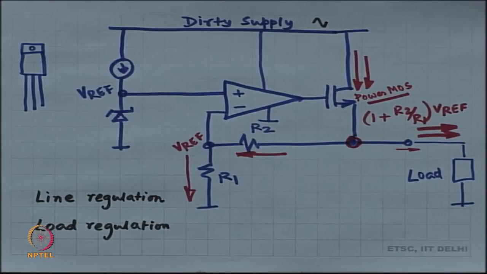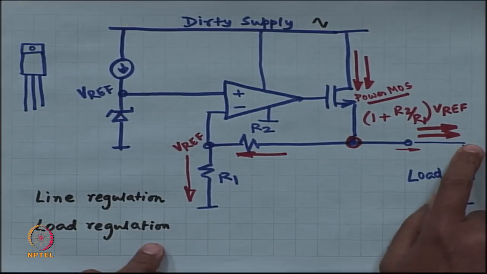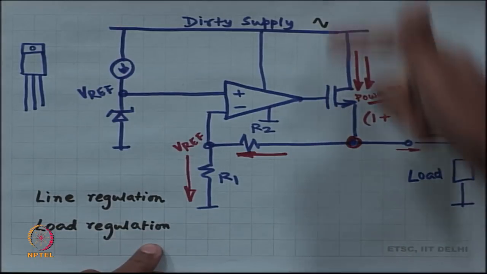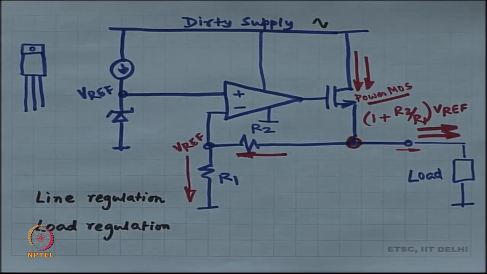So, in the worst case scenario, whatever your load current times dirty supply minus clean supply, that is the power given out as heat in this power MOSFET.